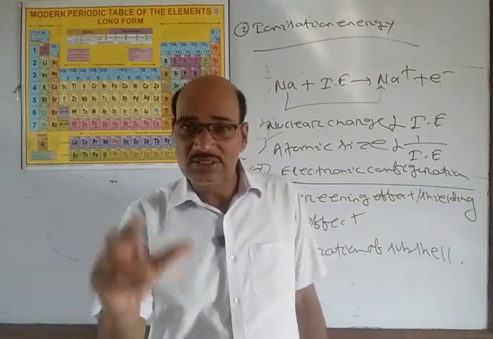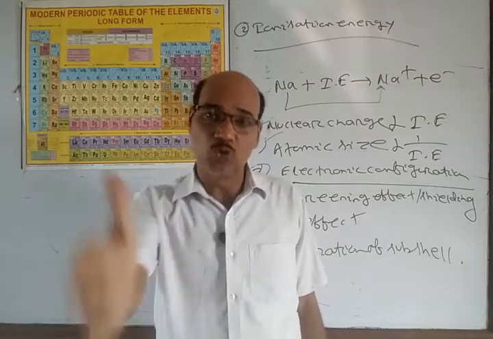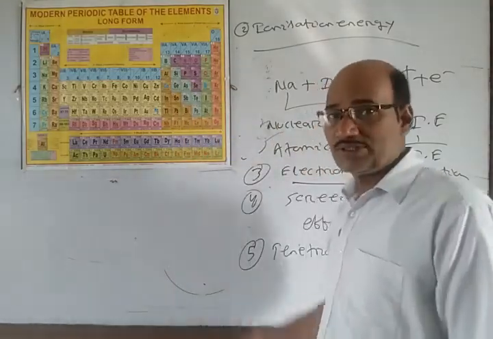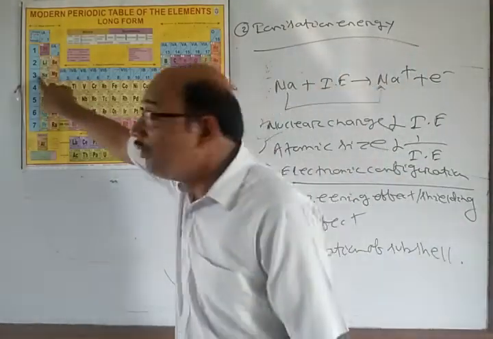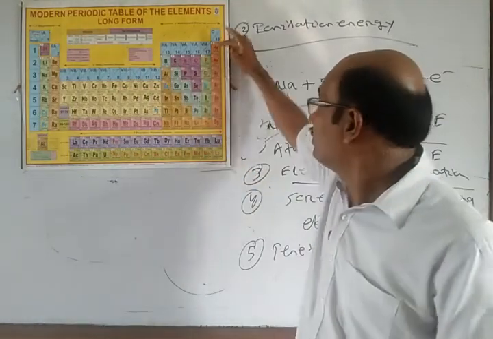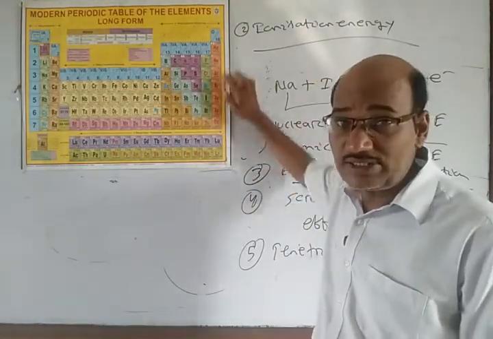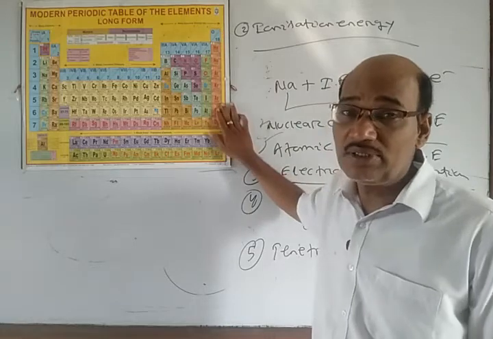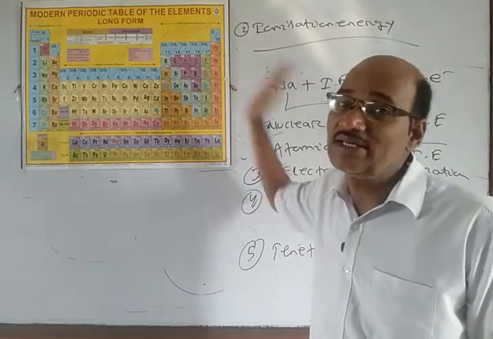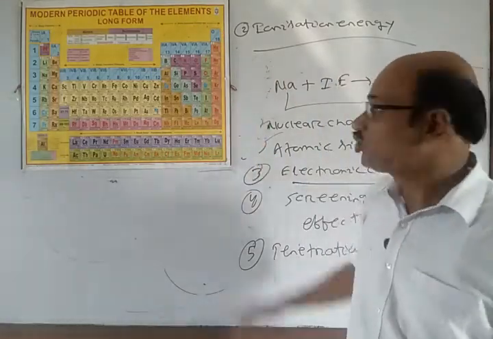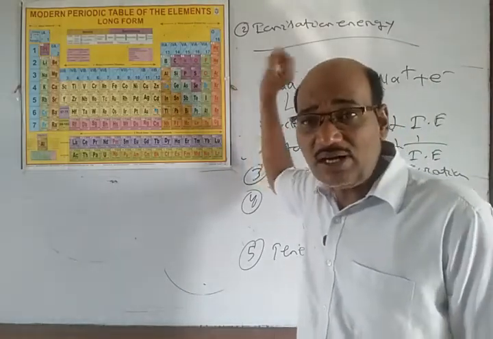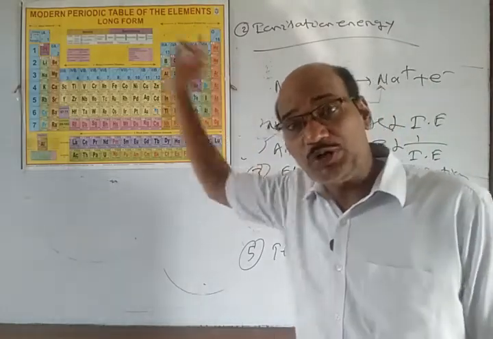That means the ionization energy will be more. So that's why when we move in a period, the last group, that is the noble gases, have the highest ionization energy in the respective period.